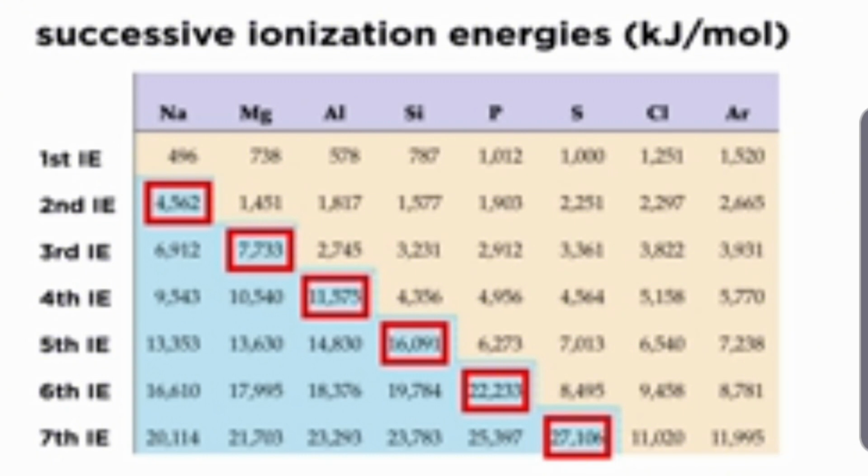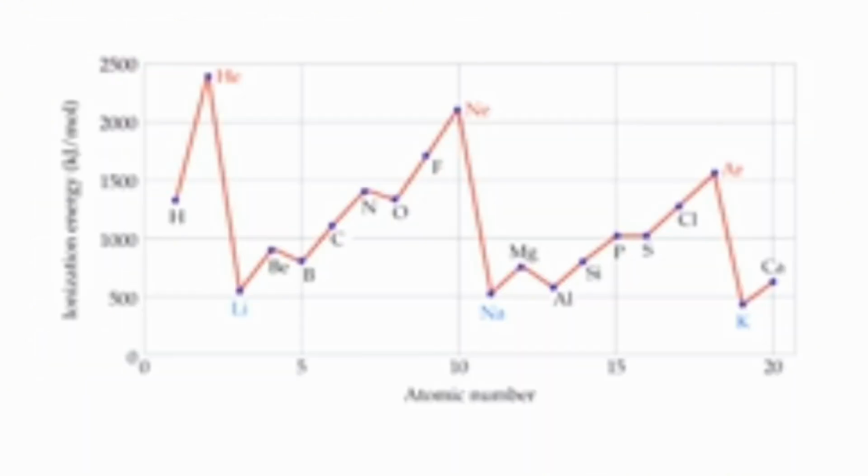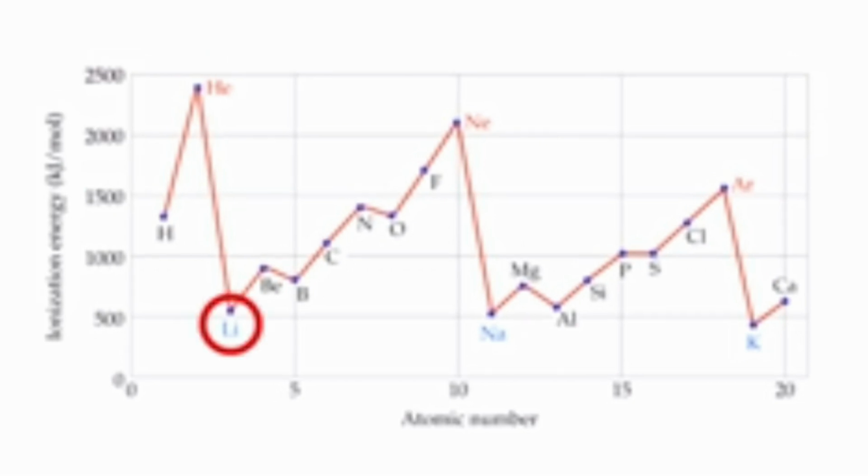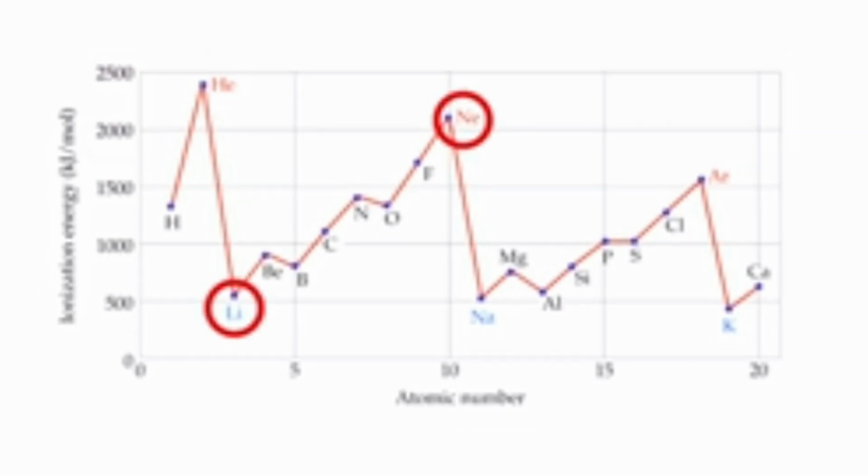There are just a couple of exceptions to the ionization energy trend, but we can rationalize them. Look, for example, at the second row from helium to neon. The ionization energy should increase each time we add a proton to the nucleus and the radius contracts a little.